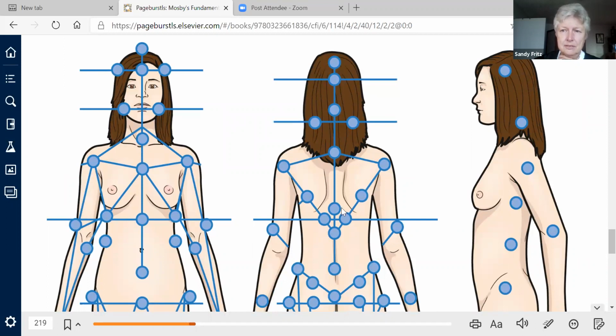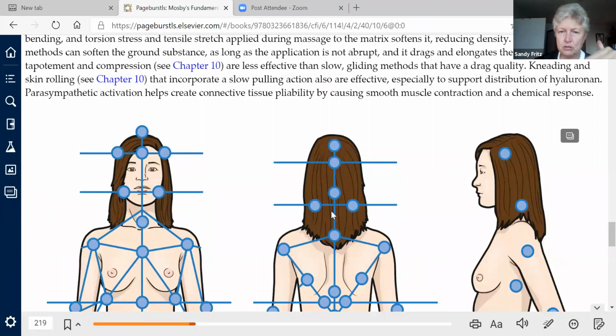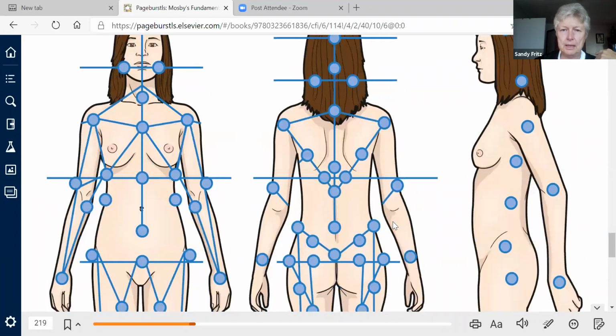These lines here are where the connective tissues tend to divide us into sections through the transverse plane, and then extending out from those are kind of like anchor points and guide wires where the fascia, the sheets of tissue, kind of coalesce and then change direction and connect.